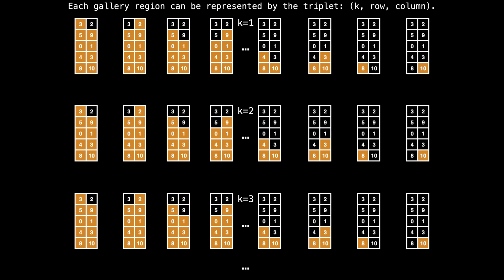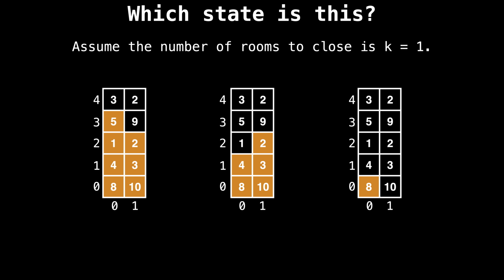Taking a closer look, you can see that each gallery is uniquely represented by a triplet of 3 values. K, the number of rooms to close, R, the number of rows in the gallery, and C, either the left or the right column. As a side note, C was the missing parameter given in the second hint. Let's take a moment to better understand how we're representing a state.